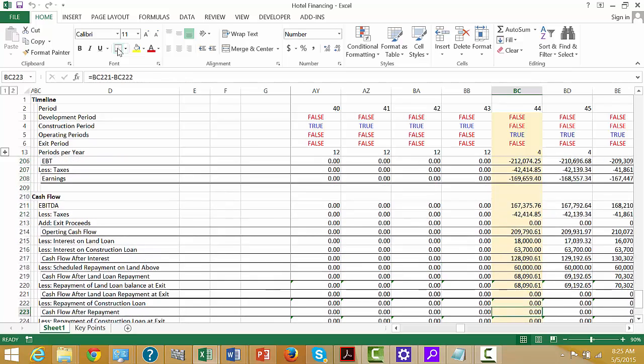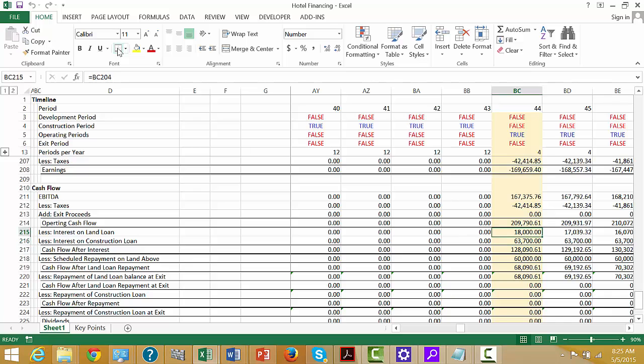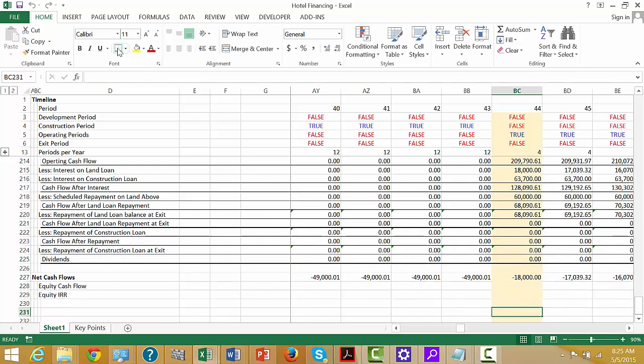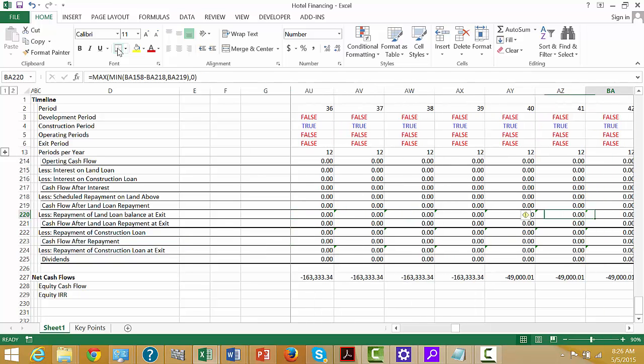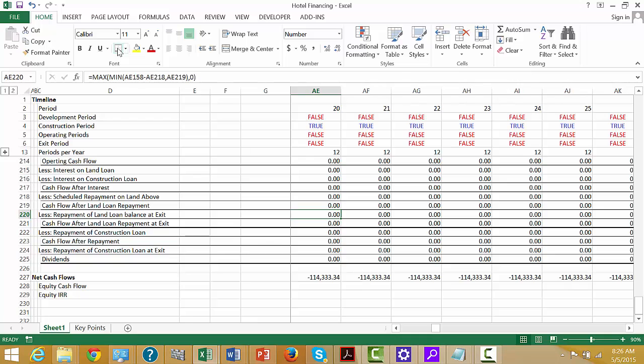Okay, so what for now? And then here's our interest and our repayment, and now I made a mistake because we have less repayment, cash flow after the repayment, and this should have been the minimum of, oh, I didn't multiply this.